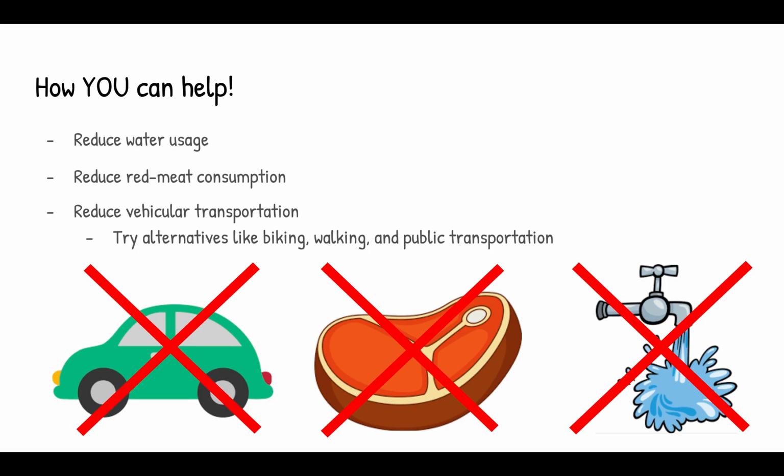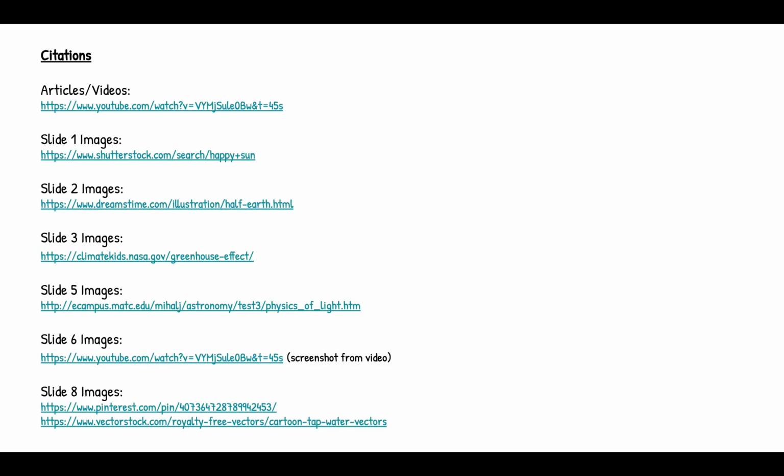And if you didn't know, cars burn fossil fuels, which makes the engines run, which makes the car drive, which emits a lot of carbon dioxide and other greenhouse gases.